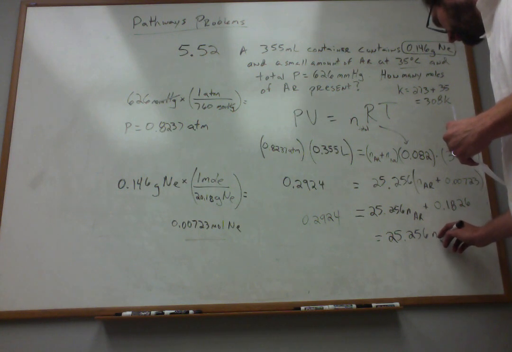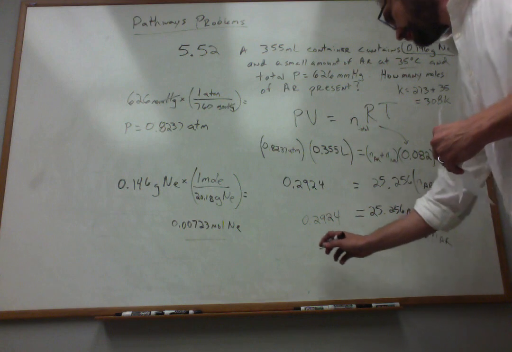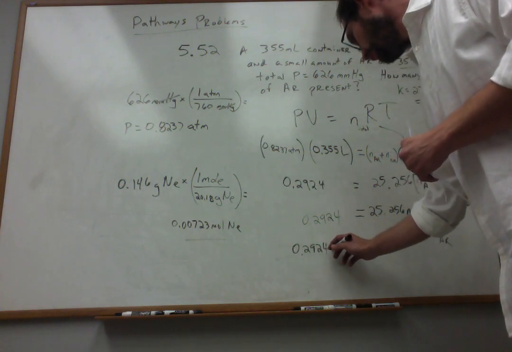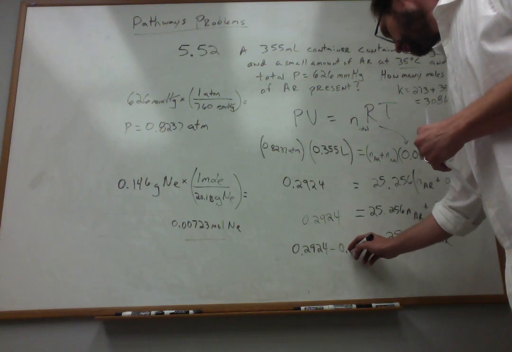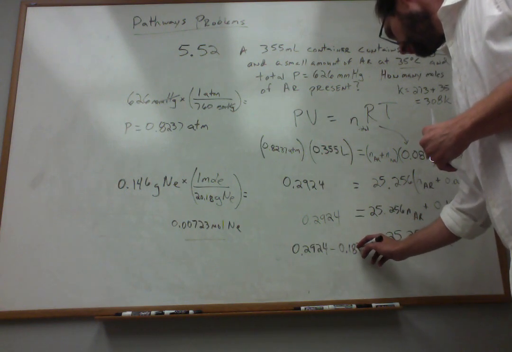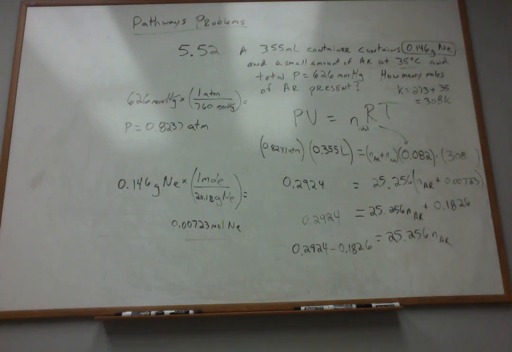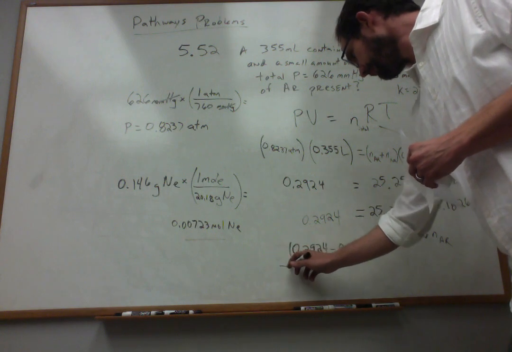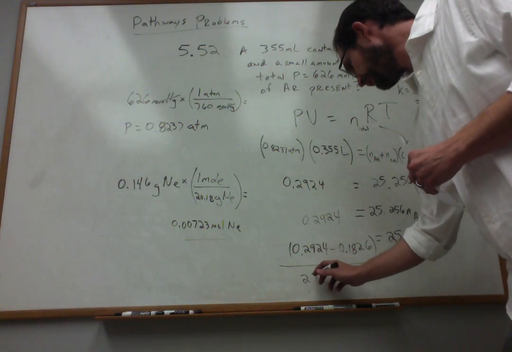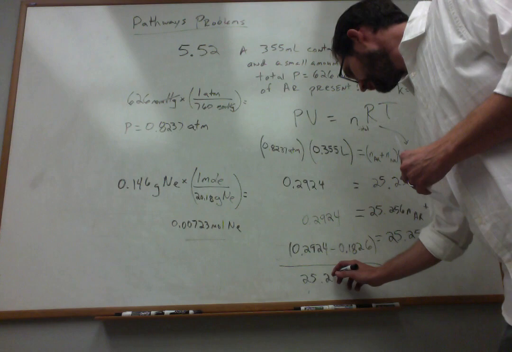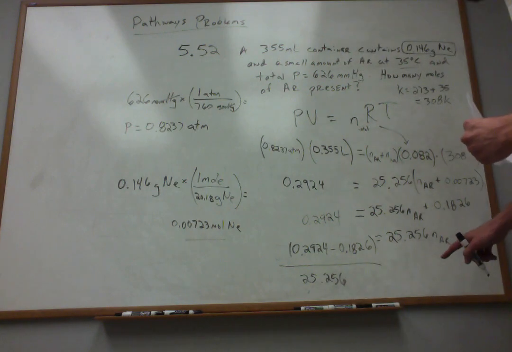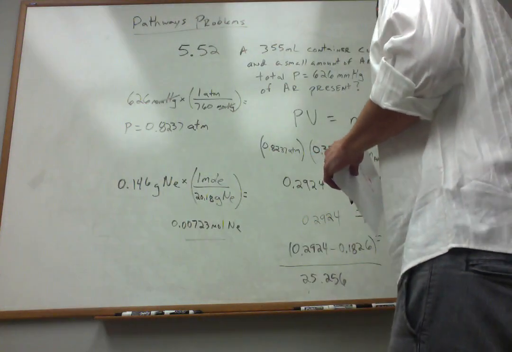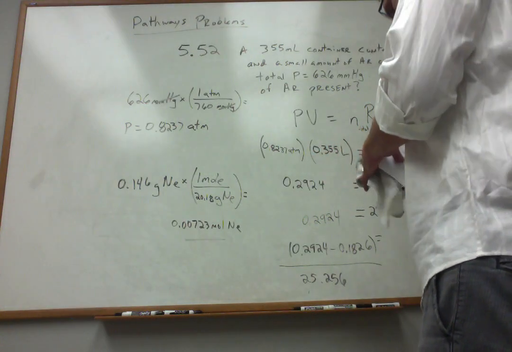So I still have this 25.256 NAR, but that's going to be equal to 0.2924 minus 0.1826. I'm just working the algebra at this point, and I can solve by dividing both sides by 25.256. That will then be equal to NAR, which is the variable I'm looking for.